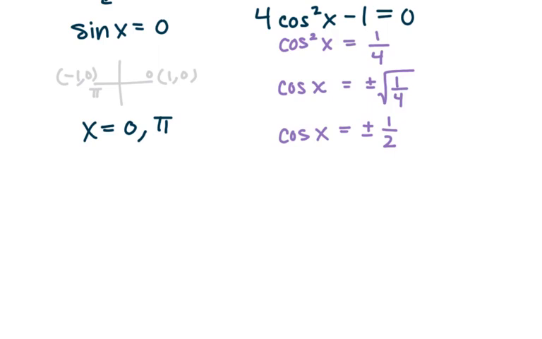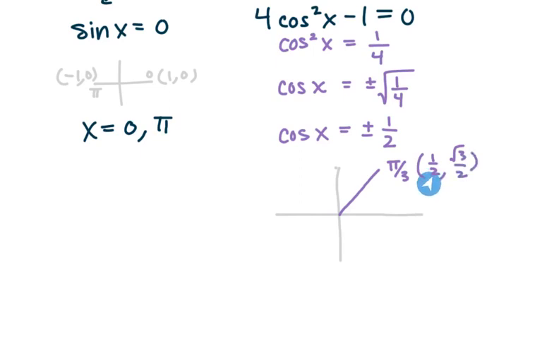So where do the 1/2s occur for cosine x? Again, we go back and think about our unit circle here. So first thing, we have a positive pi over 3. We have 1/2, root 3 over 2.